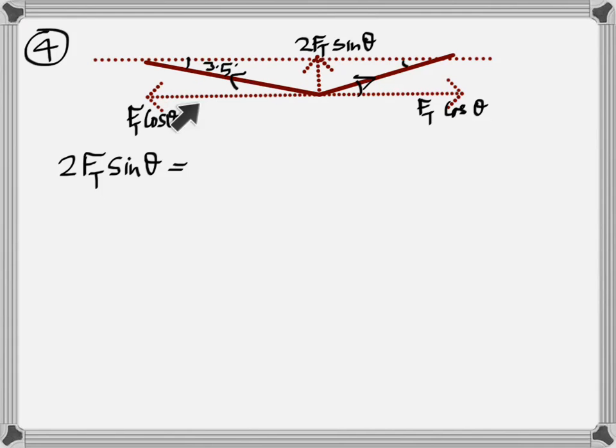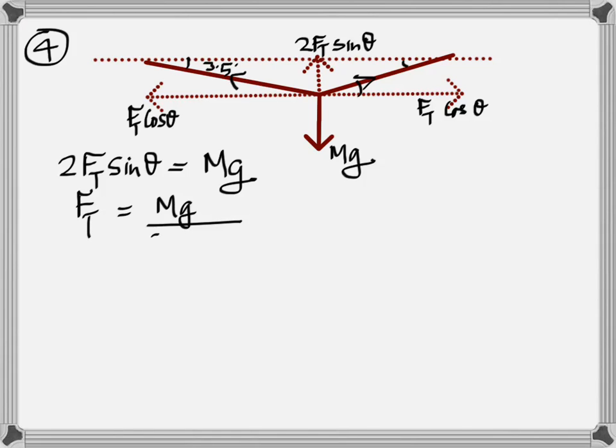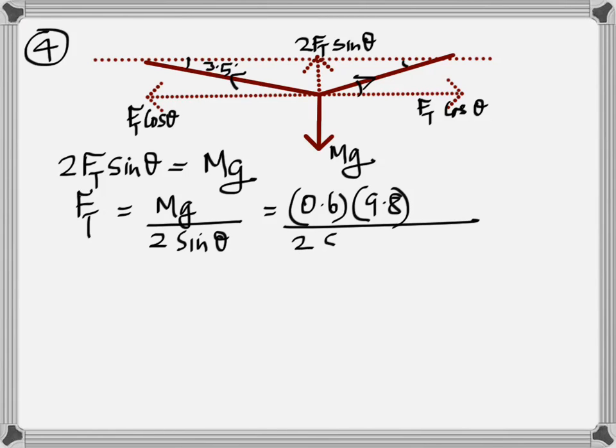So you see that the horizontal components cancel each other, being equal and opposite, but the vertical components add up. So each one is Ft sine theta, and so you end up with 2 Ft sine theta, which is going to actually balance the weight acting down, which is mg. And from which you can calculate Ft.